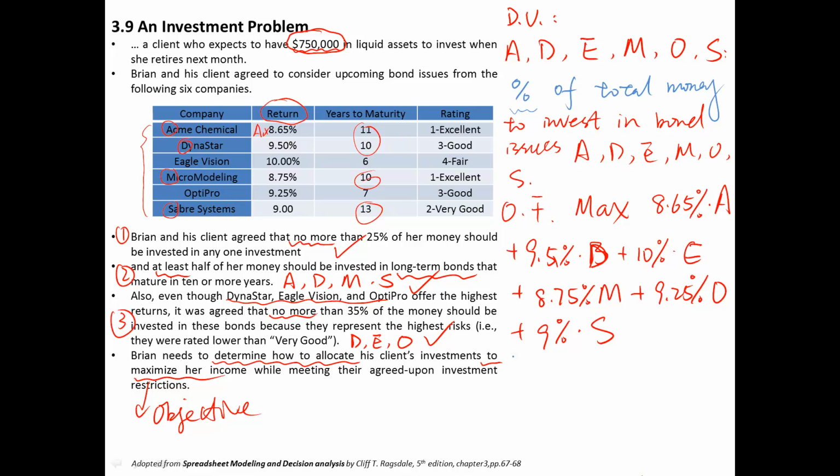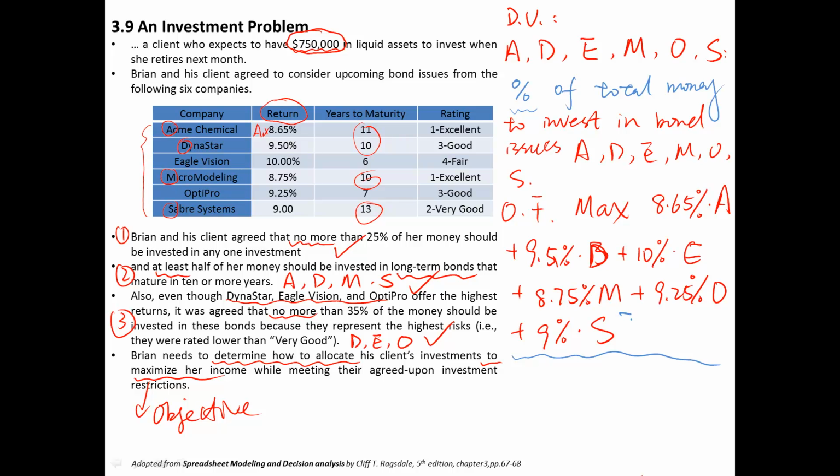First, look at the objective function. Should the objective function be changed? So now the A, D, E, M, O are percentages, and these percentage numbers are multiplied by the returns here. So it's a return multiplied by a percentage, which gives us not really a meaningful value, right?